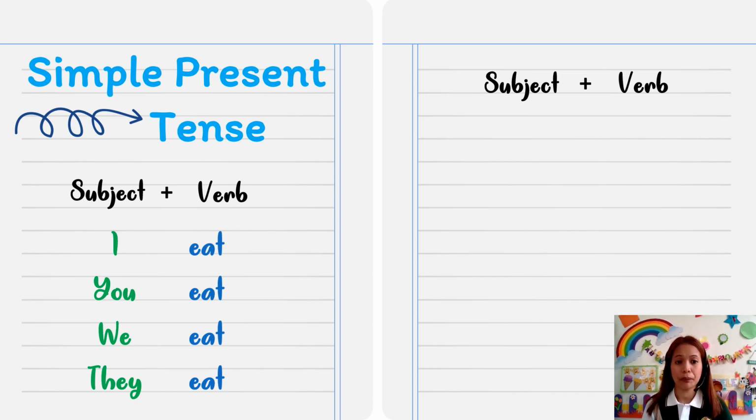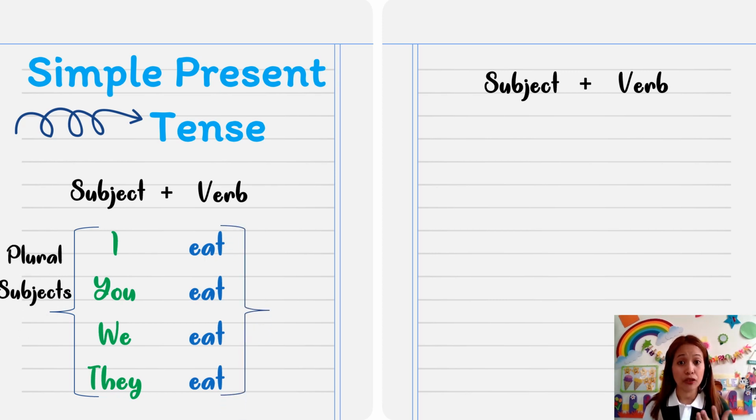For example, the subjects I, you, we, they use the plural form of the verb, which means we use the base form of the verb. We do not add s or es at the end of the verb, okay?